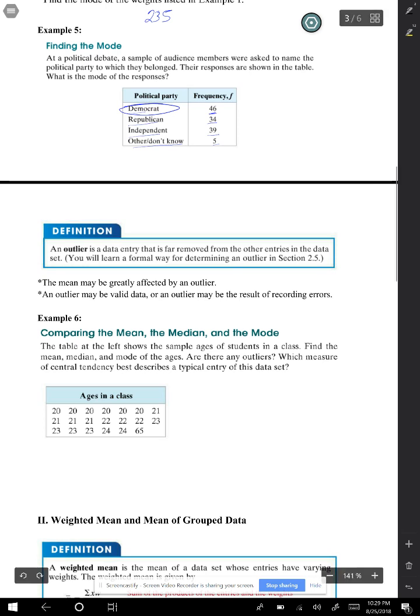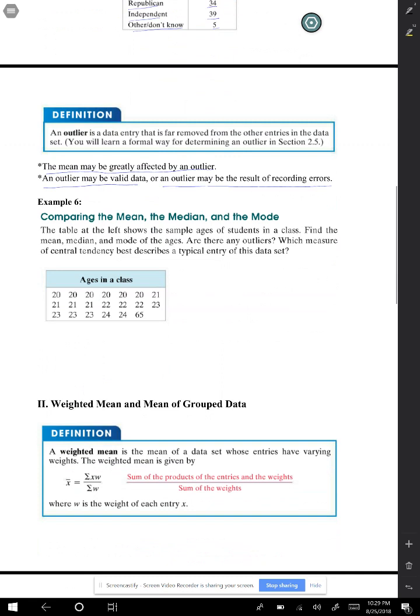The mean of a data set can be greatly affected by an outlier, because if you have a very large number mixed in with all the rest of them, that's going to raise the mean up. Or if you have a really small number mixed in, that may bring the mean further down. An outlier may be valid data, or it could be something that resulted as an error in recording. So it might not be an actual valid data. It may be something that shouldn't have been there because whoever was recording it put the wrong number down. So that's always important to keep in mind.